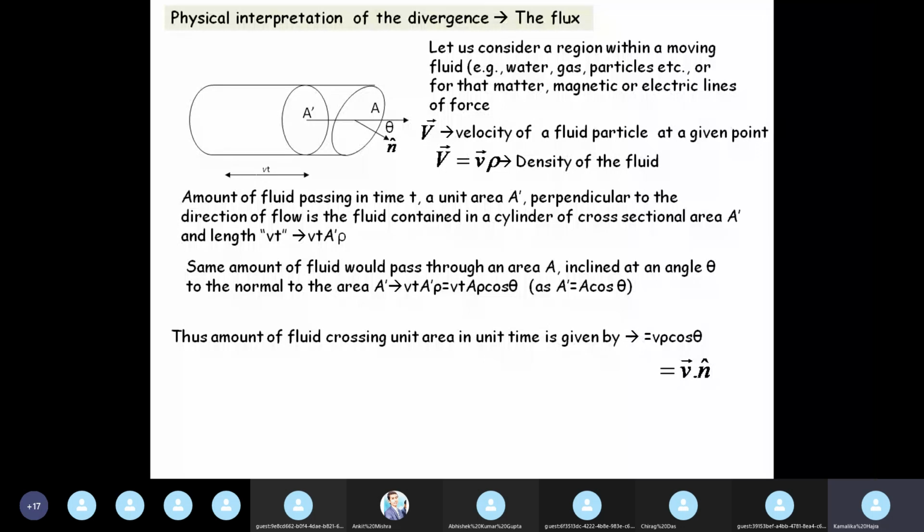This I discussed to show you that whenever there is a fluid or a number of particles or a number of lines of force crossing an area, the number of particles crossing per unit area per unit time is given by the velocity vector dot product with the normal to the given surface.